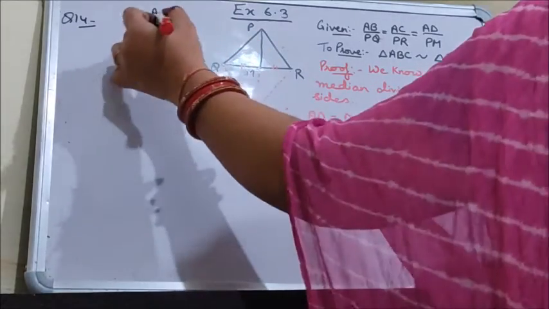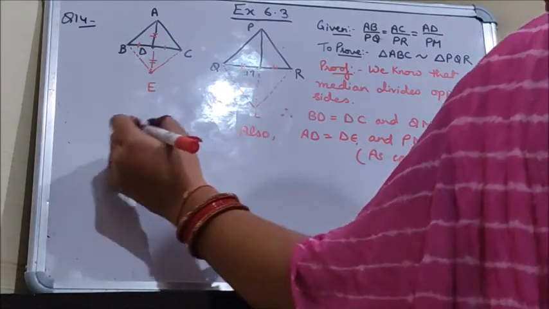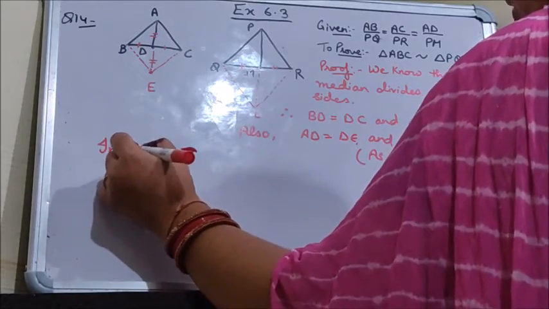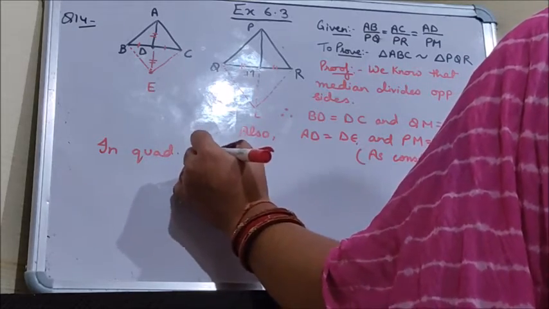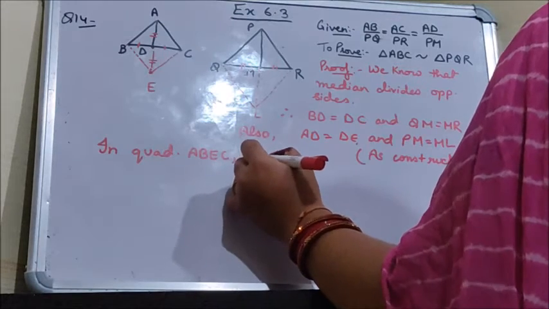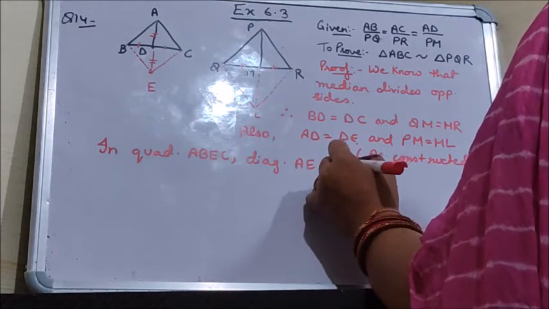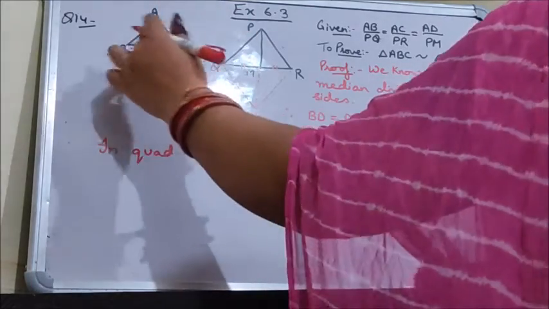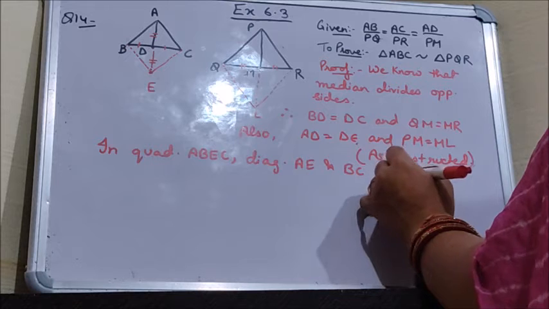Look here, in quadrilateral ABEC, these are diagonals. AE and BC bisect each other at D because these are equal.